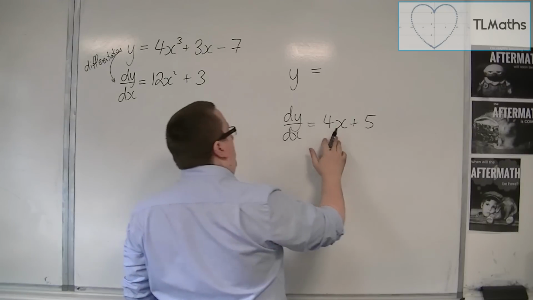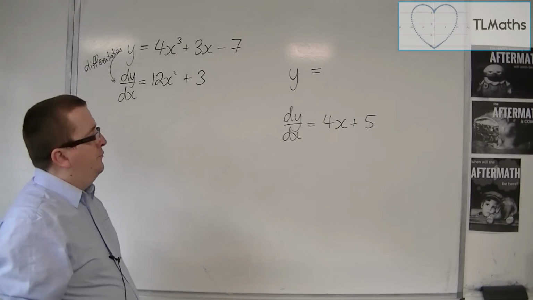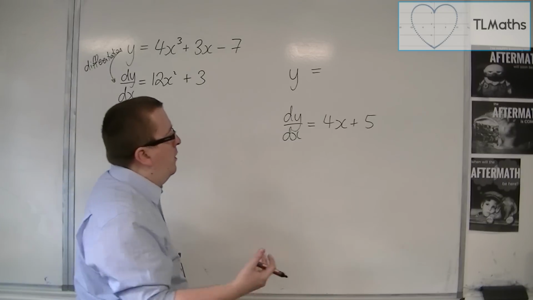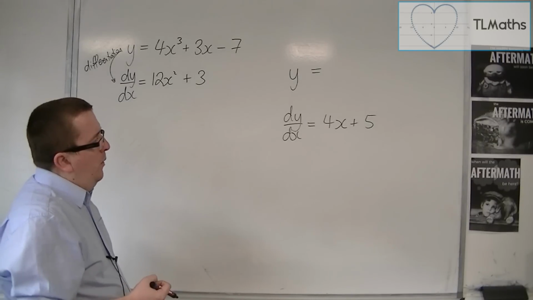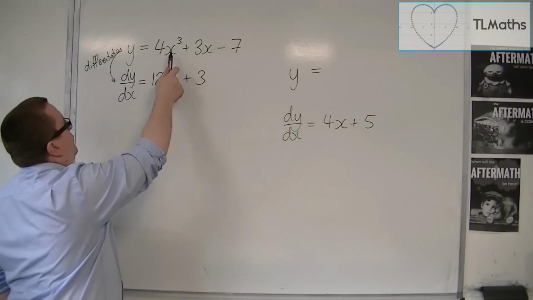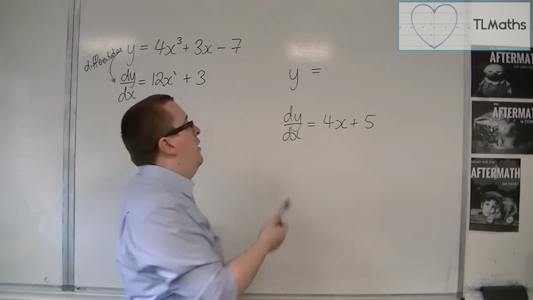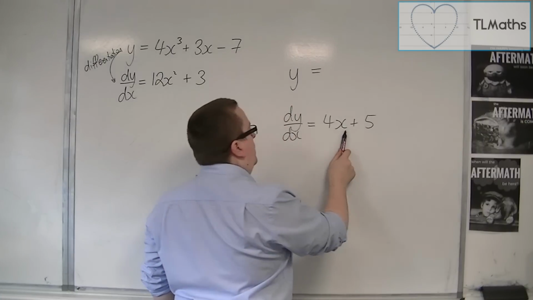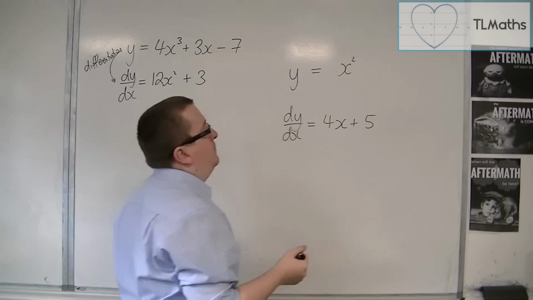so something must have differentiated to get that 4x. Okay? So what would differentiate to make 4x? Well, we can see that as we differentiate, we take 1 off the power. So our original x up here must have been an x squared.